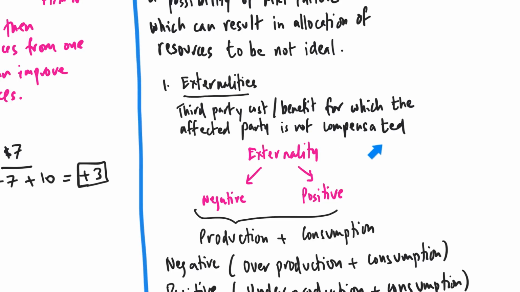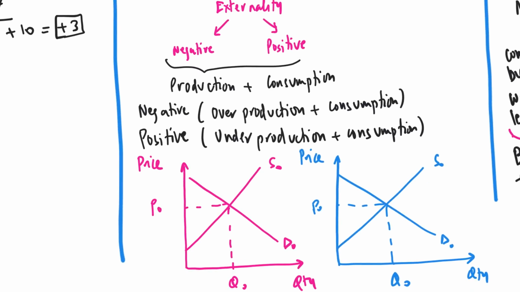It could be a negative externality or a positive externality, and those externalities could be on the production or consumption side. When it's a negative externality, there is overproduction or overconsumption of the good. Overproduction could be because of production externality, overconsumption because of consumption externality. On the other hand, when there is a positive externality, there is underproduction.